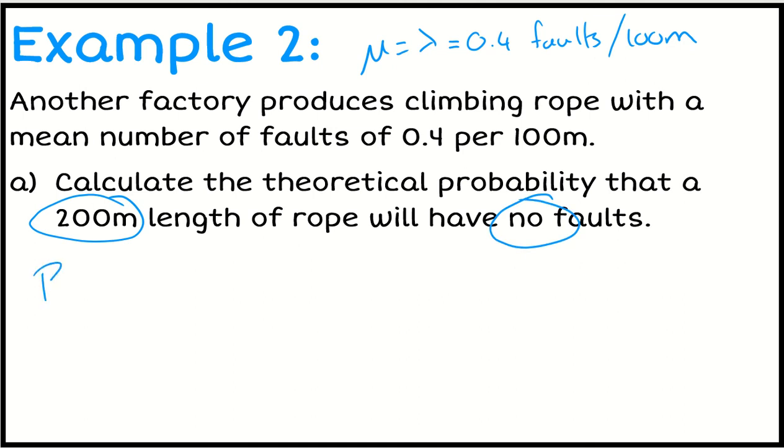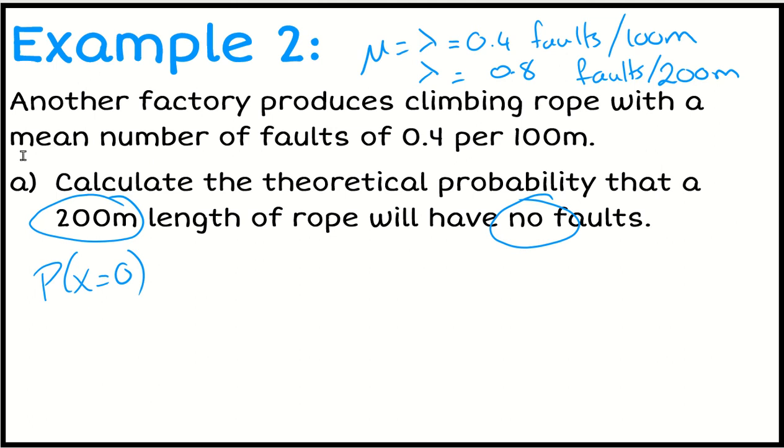Okay, so I want the probability of no faults, but I want it for a 200 metre length. So that's what I need to change first. So I need to change and get my rate per 200 metres. And so I'm going to double. So 0.4 times 2 is 0.8 faults per 200 metres.